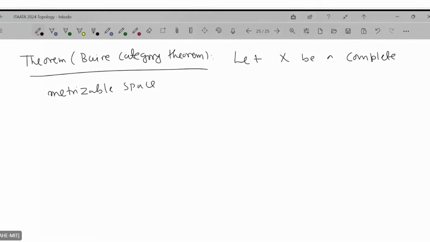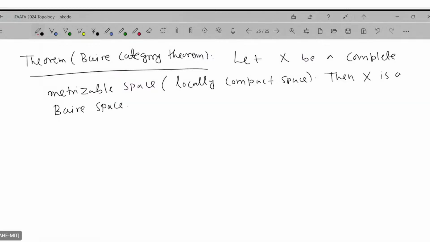Or similarly, a locally compact space, if we are considering a topology instead of a metric space, then X is a Baire space.